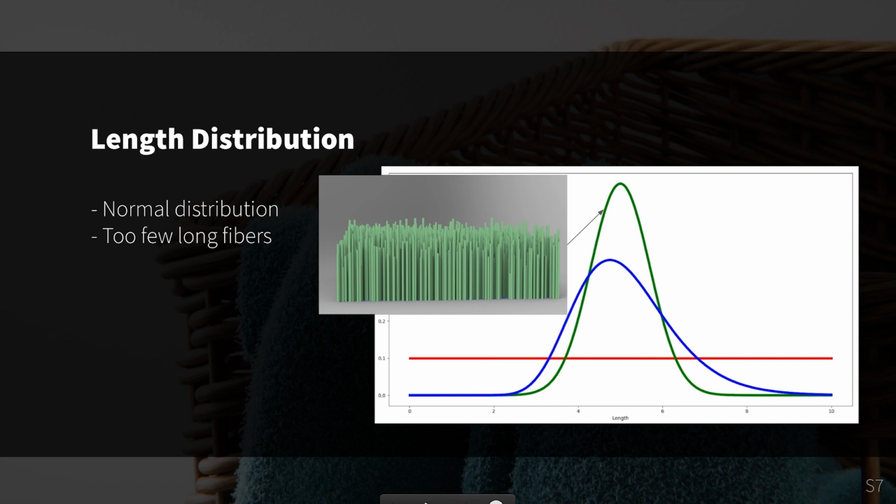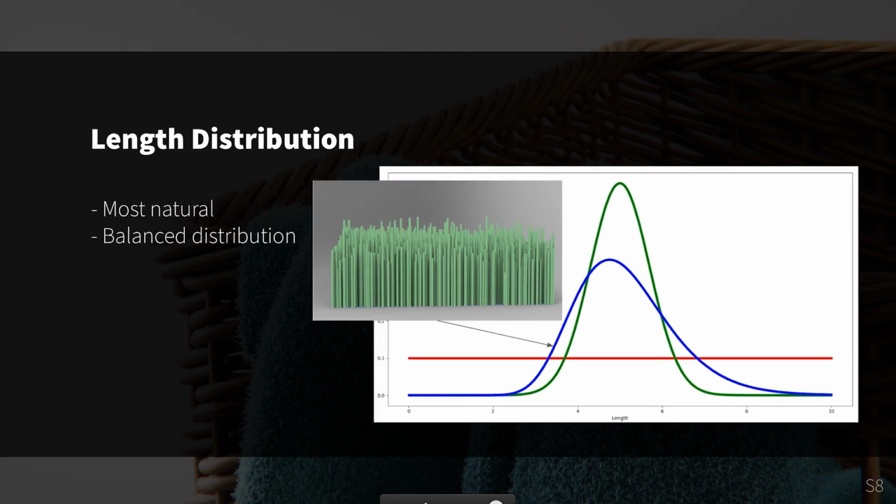And this is not really captured by the normal distribution. We can use a different distribution that actually fits very well with measurements of, for example, the distribution of stone sizes or distribution of measured hair lengths or something like that. And it's a more balanced distribution, and you can also see you get more of these long outlier effects that gives it a very natural look compared to the other distributions.